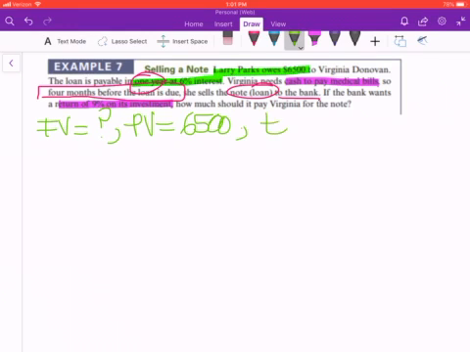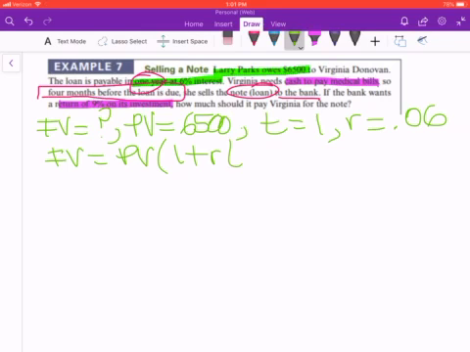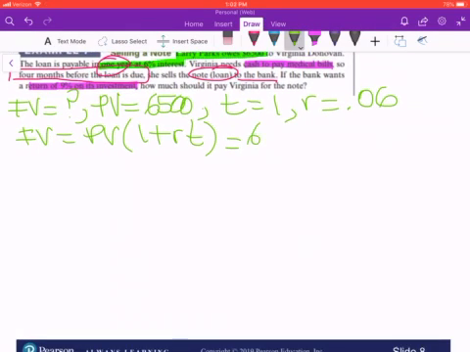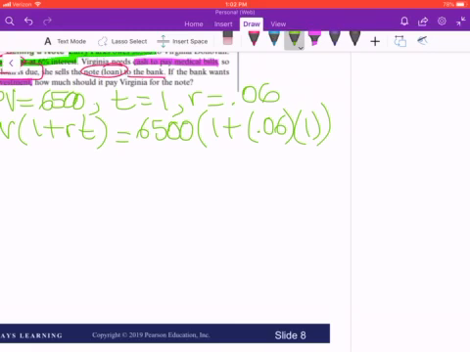And then the time, if that was a full year, the maturity of the loan, will be 1 year. And the rate is 0.06. So if we use our formula to calculate future value, the one that says present value, parentheses 1 plus RT, and we substitute all of our quantities, it will be 6,500, parentheses 1 plus 0.06 times 1. Of course, the 1 is not really needed there.